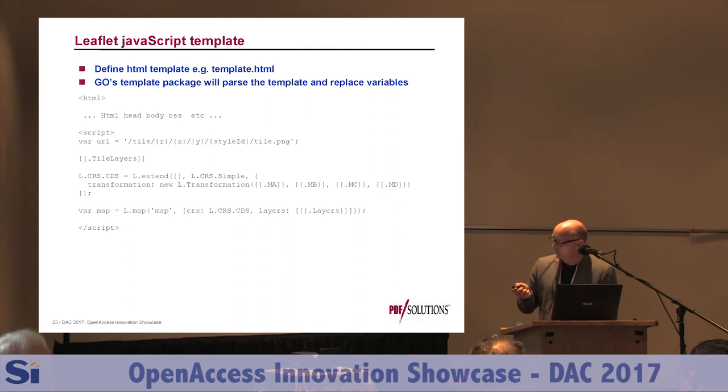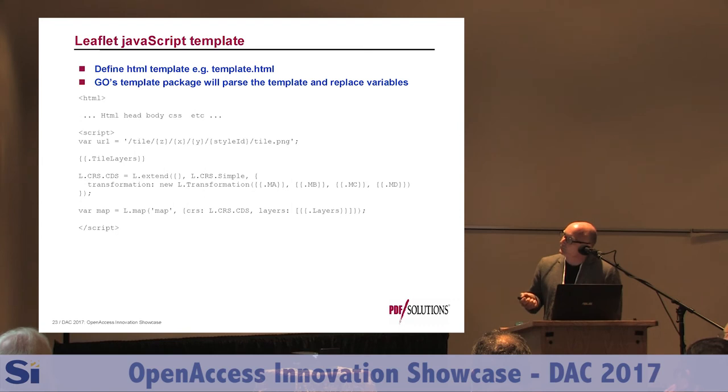You simply have some HTML where you define your header, body, CSS, whatever is needed. The only thing you have to do is define the URL in this kind of format where Z stands for zoom, X for X, Y for Y. Style ID is something I define, which in my case is a layer, and then tile.png.